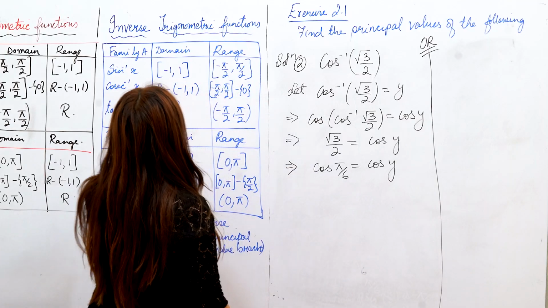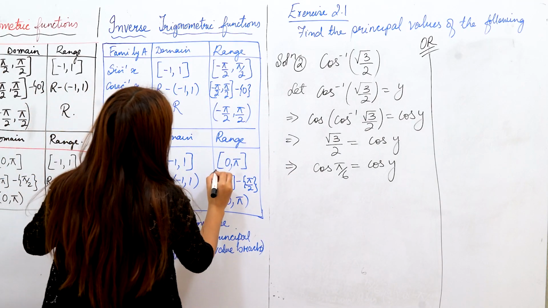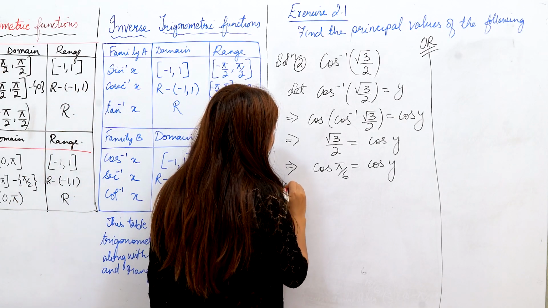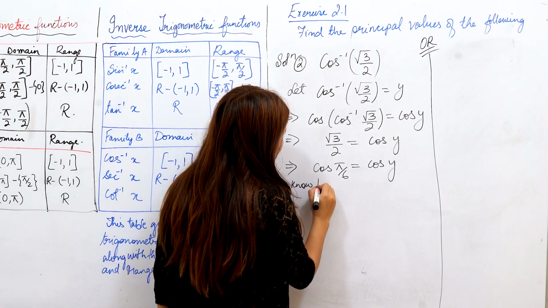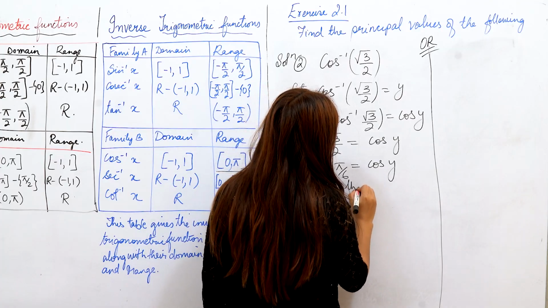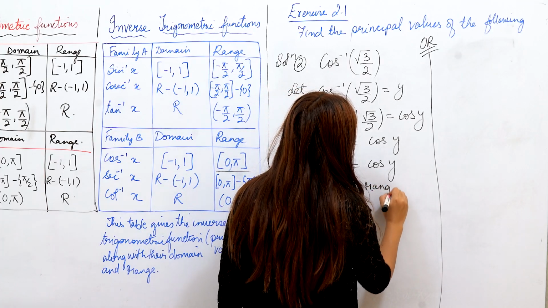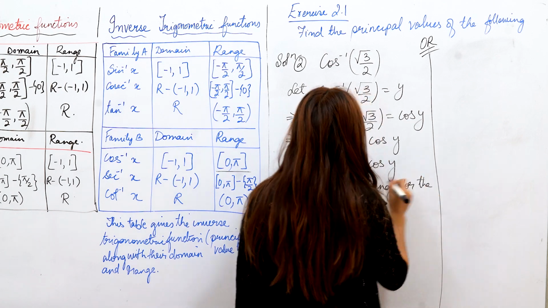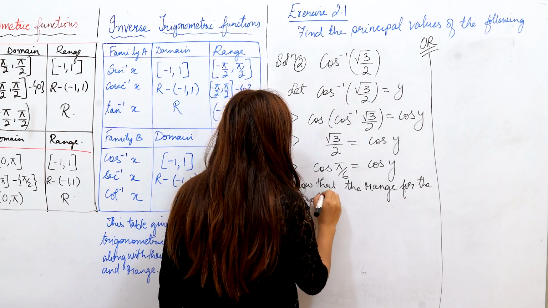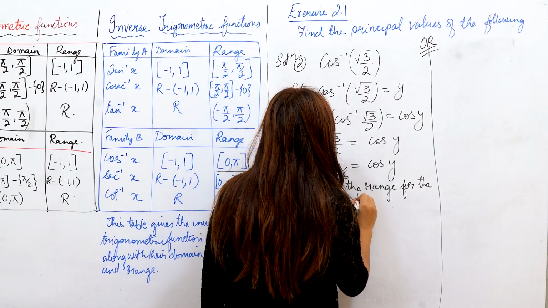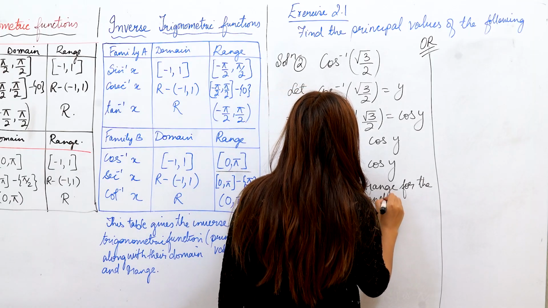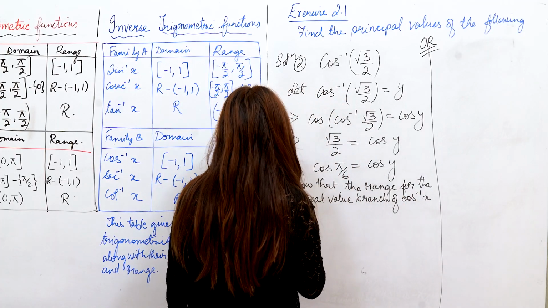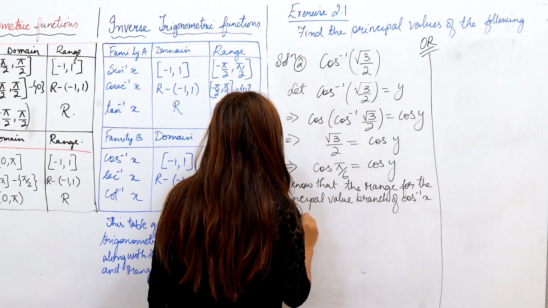Then the range of cos is from 0 to pi, 0 and pi included. We know that the range for the principal value branch of cos inverse x is from 0 to pi.